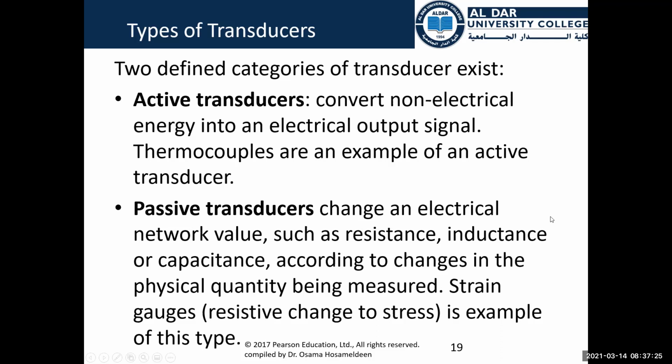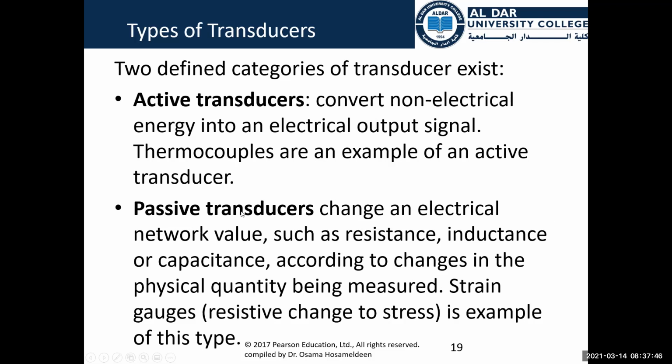We take an electrical signal and we represent that electrical signal in another form. That's why it is passive. We are dealing with the same thing. But in the active transducer, we are dealing with different things. We are dealing with non-electrical signal and then converting it to electrical signal.